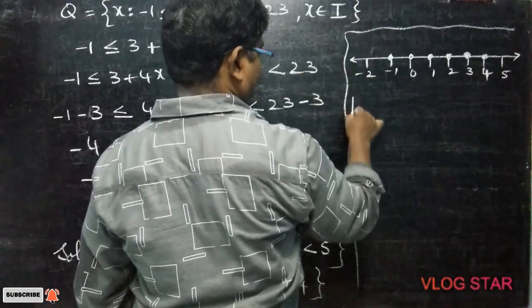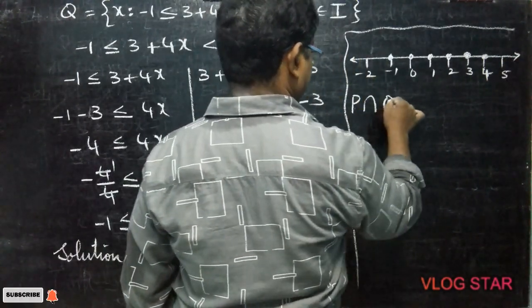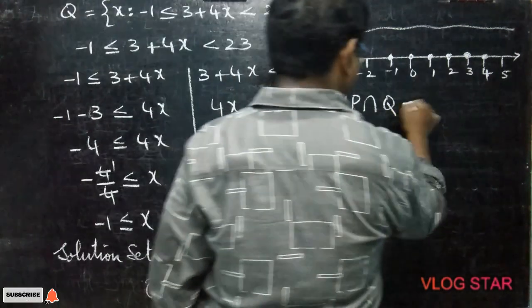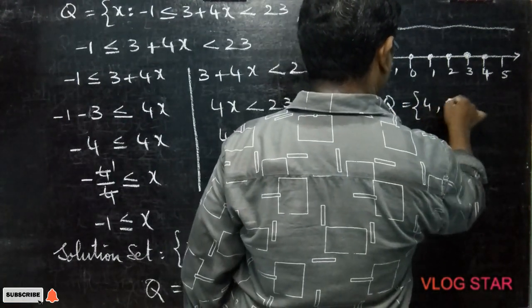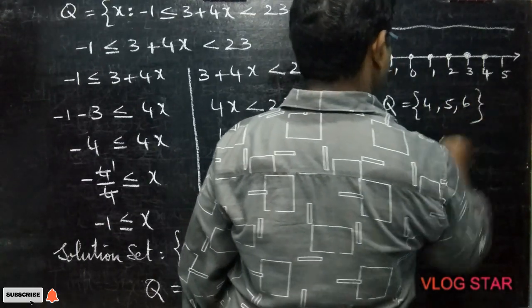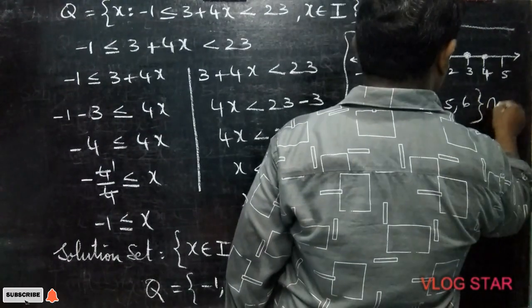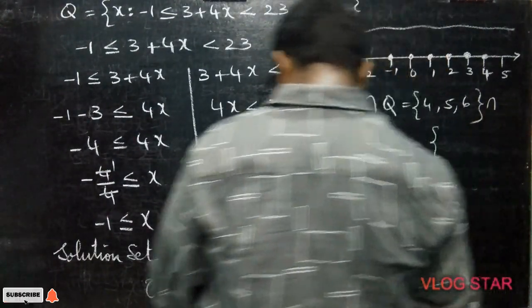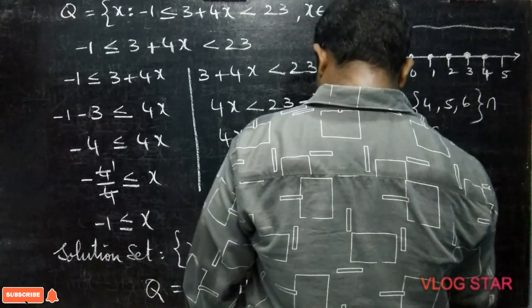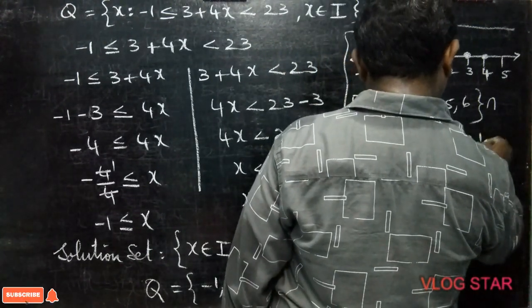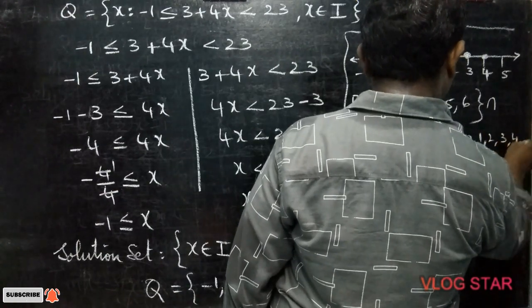Next, now they are asking to find P intersection Q. In before problem we got P as 4, 5, 6. And now we got Q as minus 1, 0, 1, 2, 3, 4.